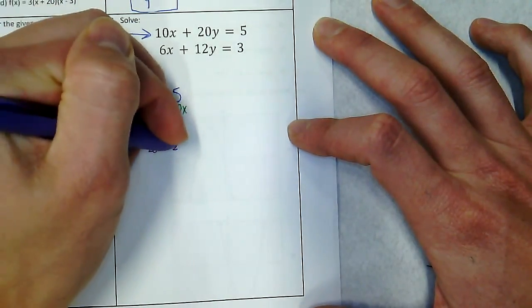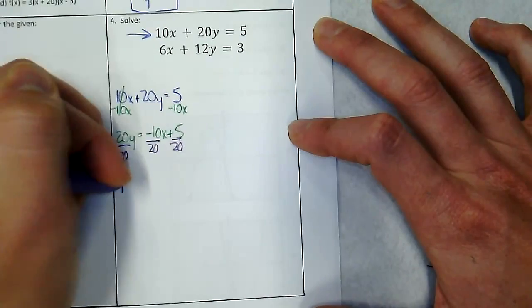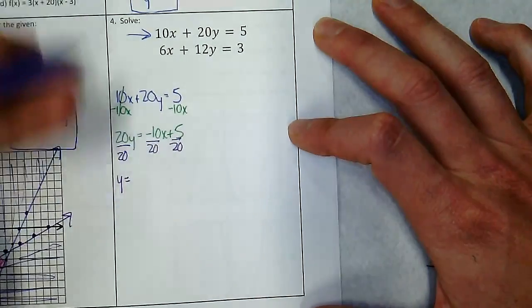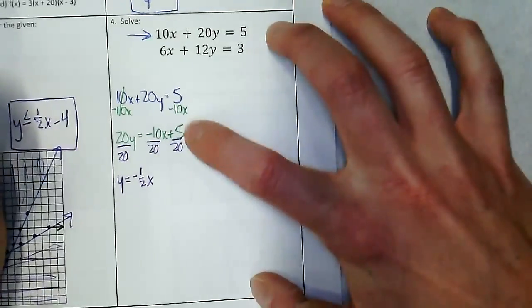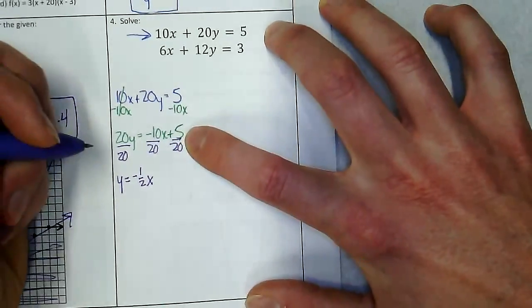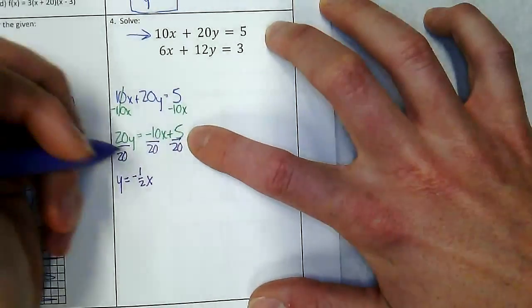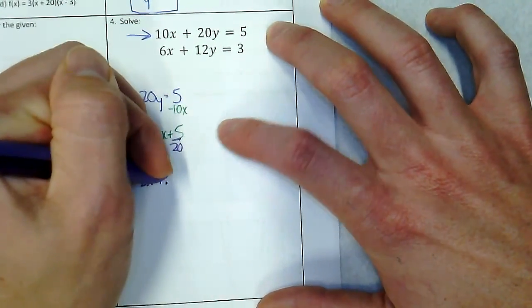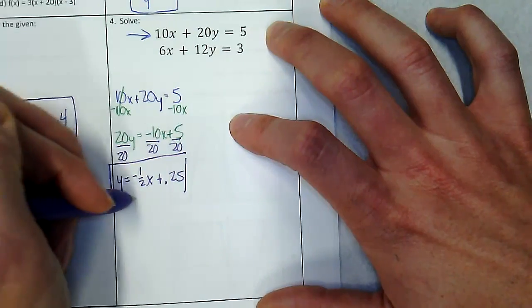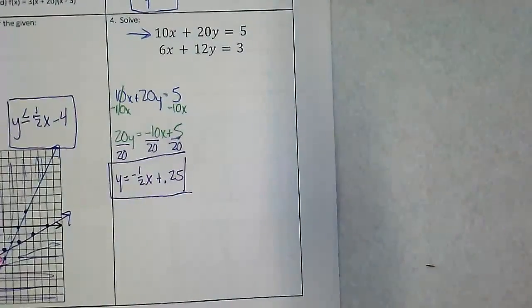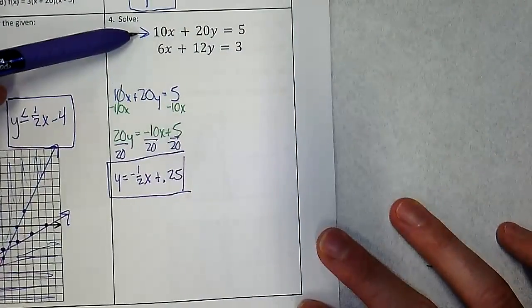That's going to have us solved for y. So y equals negative 10 over 20 reduces to negative 1/2 x. 5 divided by 20 simplifies to 1/4 or 0.25. I'm going to put 0.25. 1/4, 0.25, same thing. Looks different, means the same. So that's this first equation.